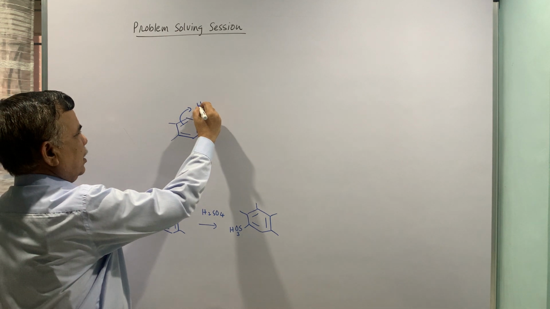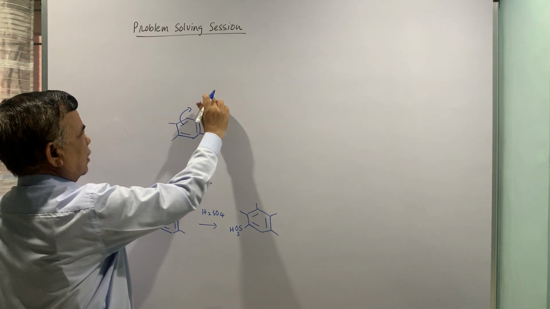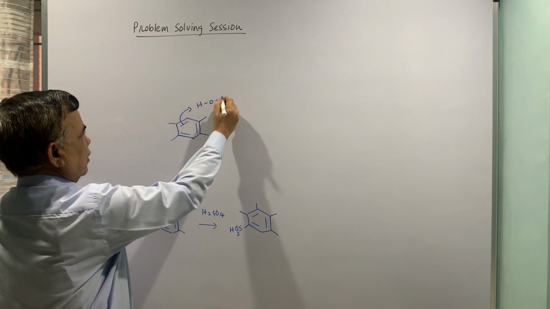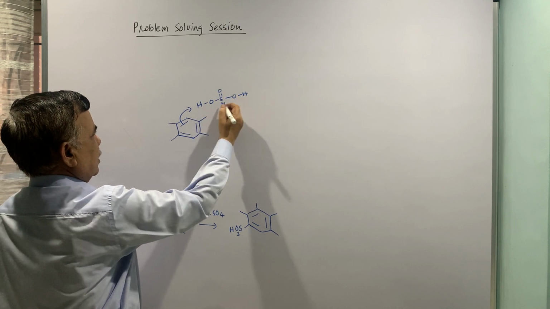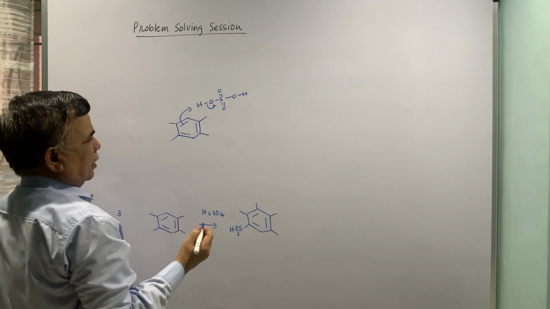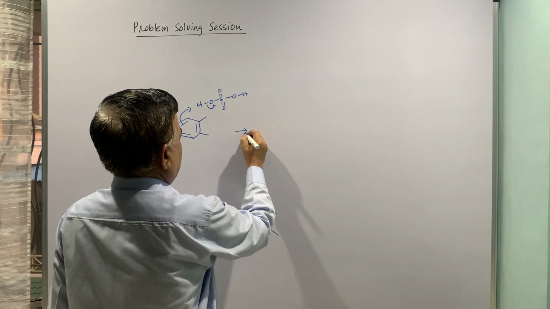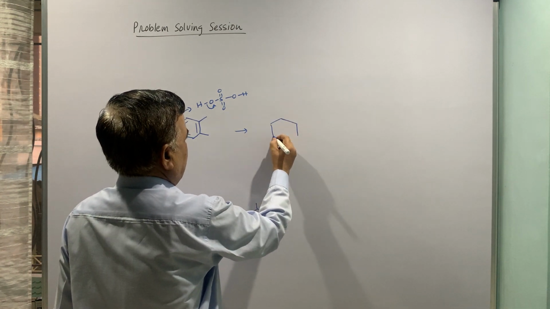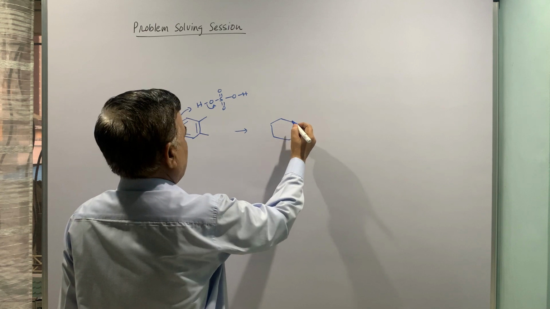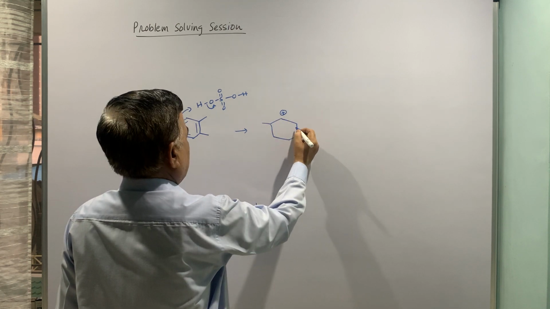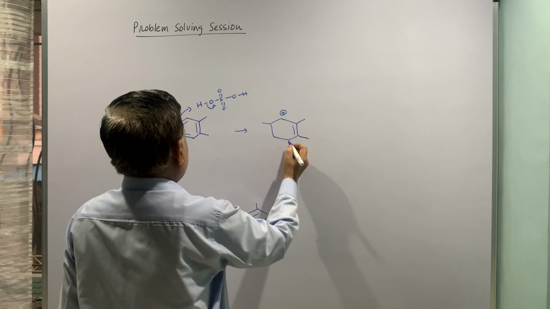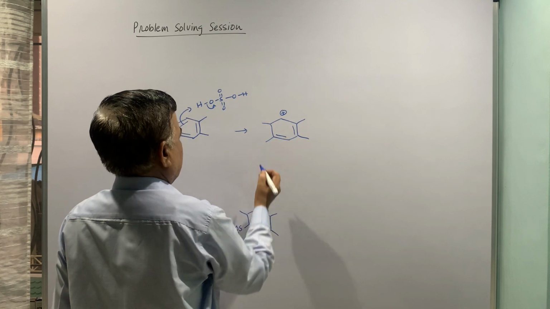So, initially let me put H2SO4 here. H2SO4 is giving away the proton, and as a result of this a carbonium ion is induced in the ring.